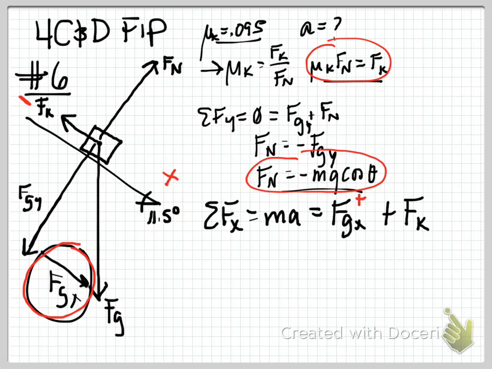So I'm going to note that this has to be a positive number, this overall has to be a negative number. And in doing that, I'm using the convention that the force that's opposing the motion is negative.